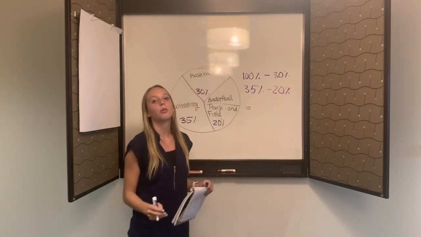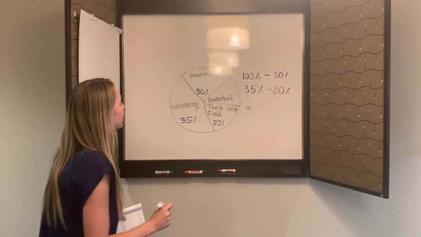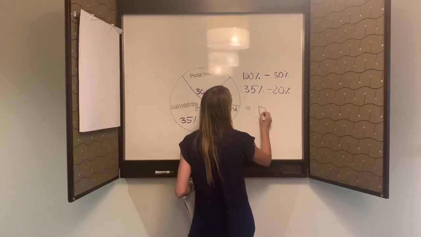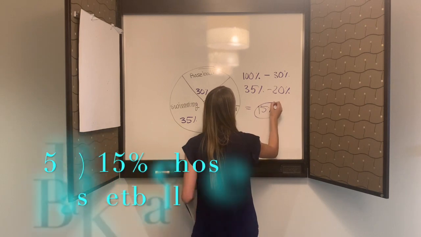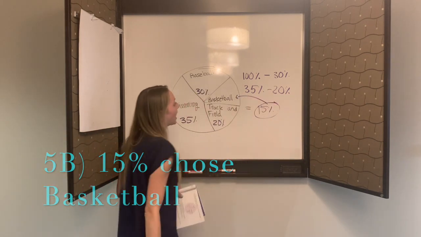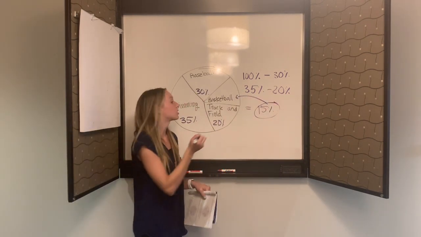When you do the math, what do you get? The answer is 15%. 15% chose basketball. So that's where it goes. And we're gonna write it in here so we don't forget.